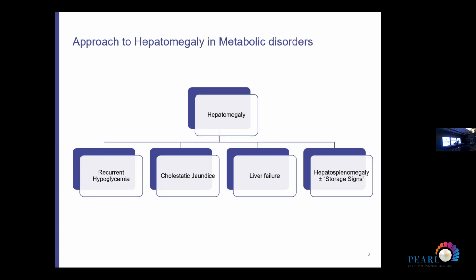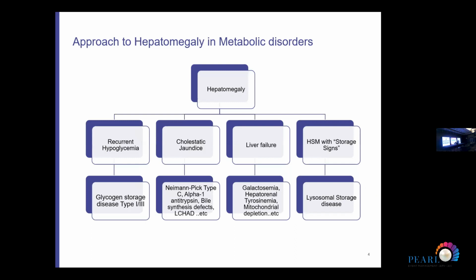If we look at the differential diagnosis further, for recurrent hypoglycemia, we will think mainly of glycogen storage disease type 1 and type 3. Those presenting with a cholestatic picture and jaundice, the differential diagnosis will include Niemann-Pick type C, alpha-1 antitrypsin, bile synthesis defects, and LCHAD deficiency and other fatty acid oxidation disorders.